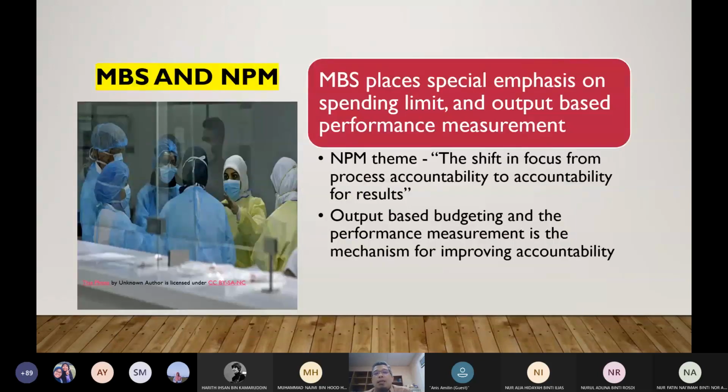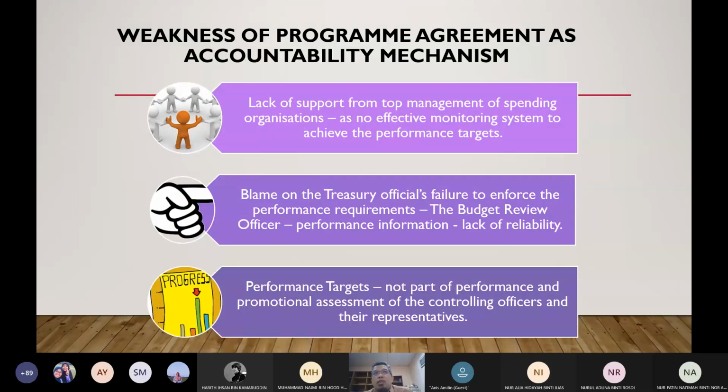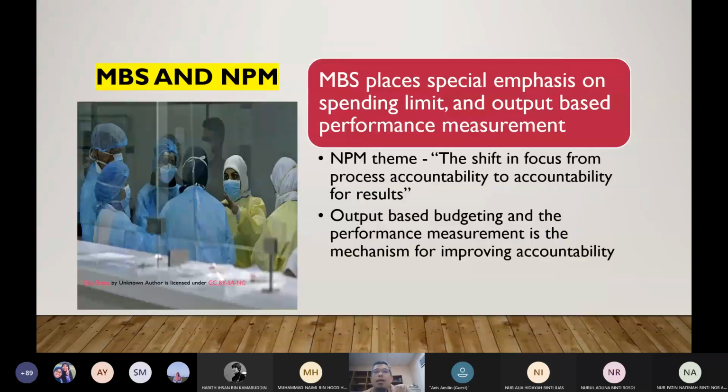I think that's why later we see outcome-based budgeting. That's why there was a big change, where the performance target under outcome-based budgeting is not only by the Treasury but the Prime Minister himself is directly involved in that initiative. Okay, so look at this because MBS has those characteristics of new public management.